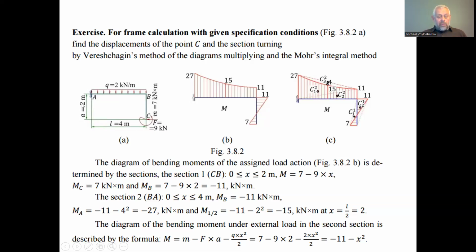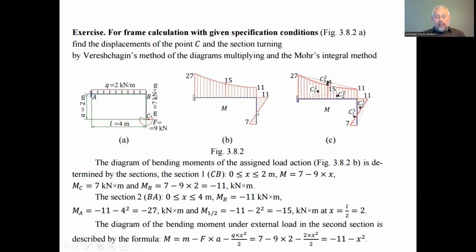So 9 kilonewton times 2 meters is 18 kilonewton meters, the bending moment on behalf of force F. And on behalf of the assigned moment, we have another sign, and 18 minus 7 is 11. So we have 11 kilonewton meters here of another sign at the point B, then at the point C. And we have 2 points and a straight line, and this is the diagram of the bending moments on the element CB of the mechanical system.